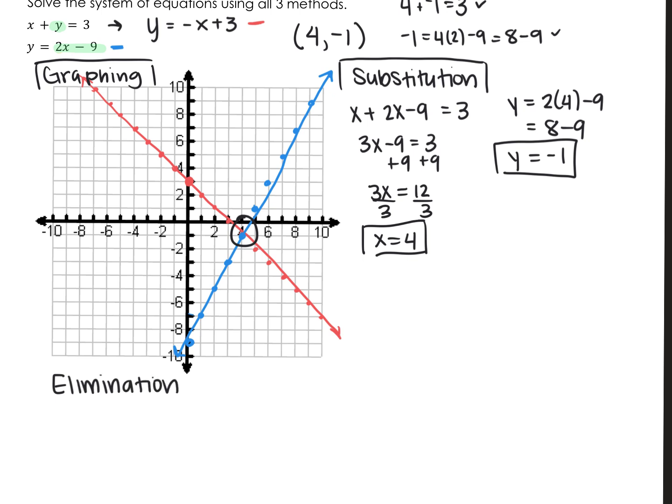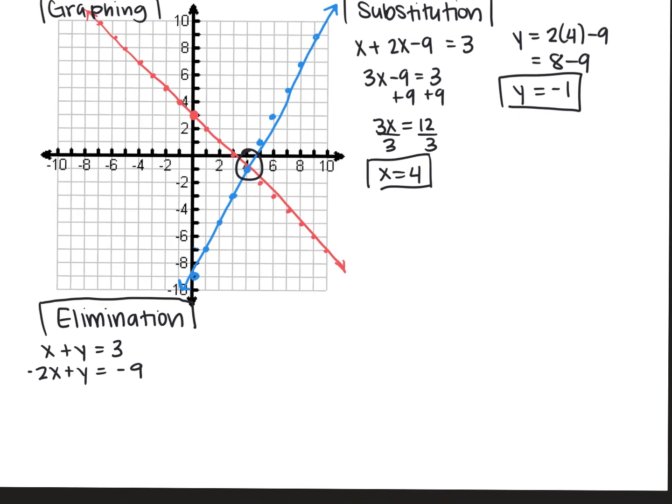So elimination, kind of like the name entails, we're going to eliminate one of our variables. Now, in order to use elimination, both my variables need to be on the same side of my equation. So the first thing I'm actually going to do is subtract that 2x from both sides so they're on the same side.